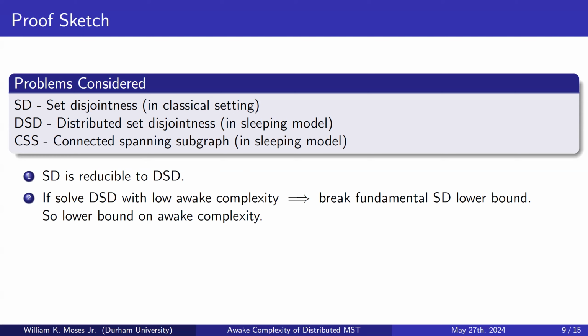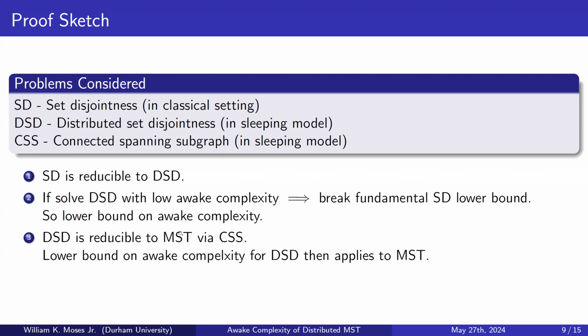And that's how we get the lower bound on awake complexity. But we're getting it for some problem, distributed set disjointness. We still have to complete the picture, which is showing that this lower bound applies to MST. And if you can reduce DSD to MST, well, then the lower bound also applies. And we do this via an intermediate problem called connected spanning subgraph.